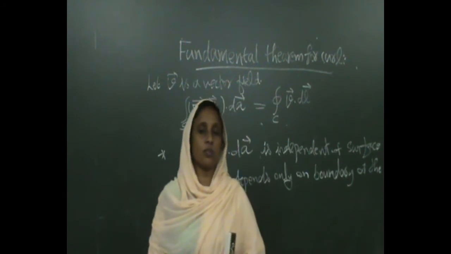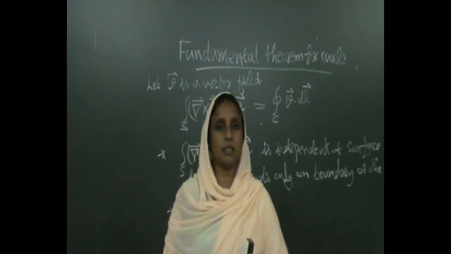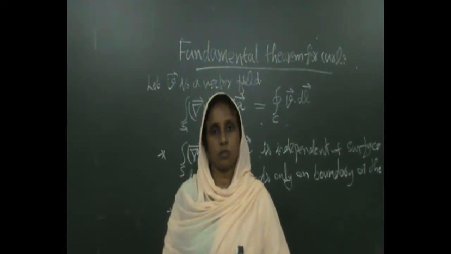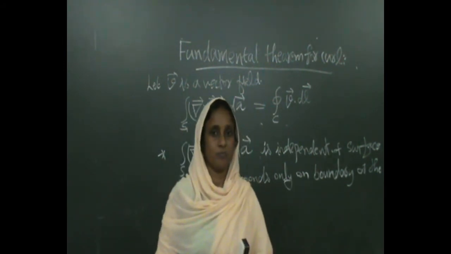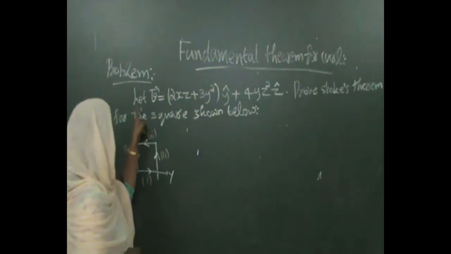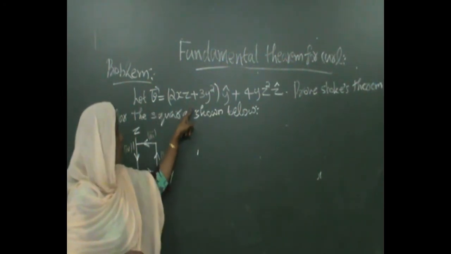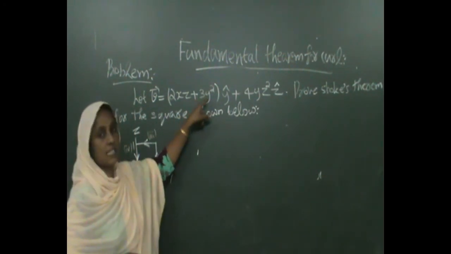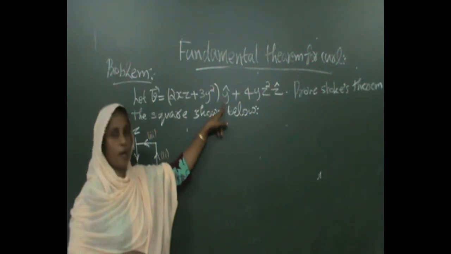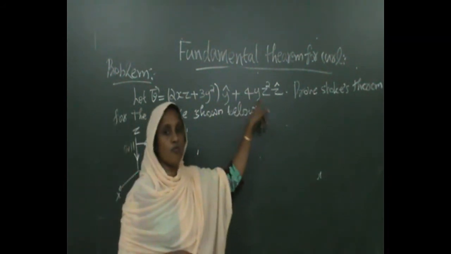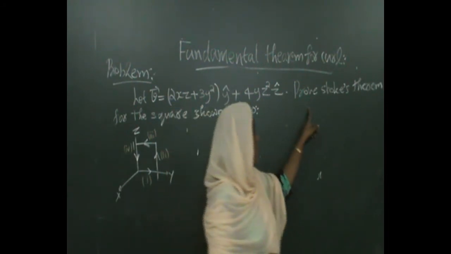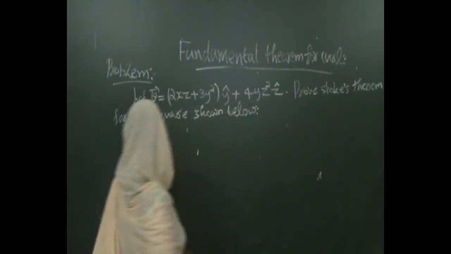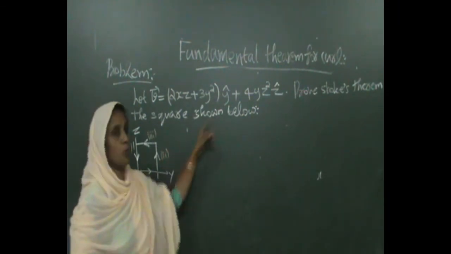Now we can prove this theorem by taking a function. That is, we can do a problem. Let vector v be equal to (2xz + 3y²) y cap + 4yz² z cap. Prove Stokes theorem for the square shown below.